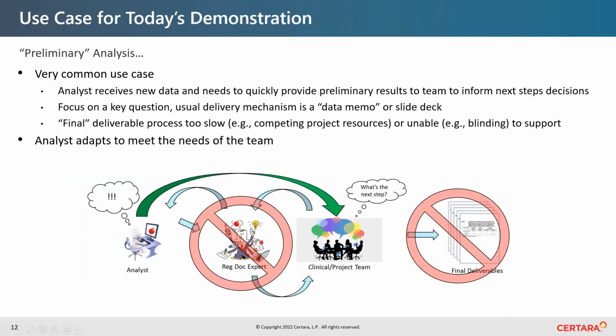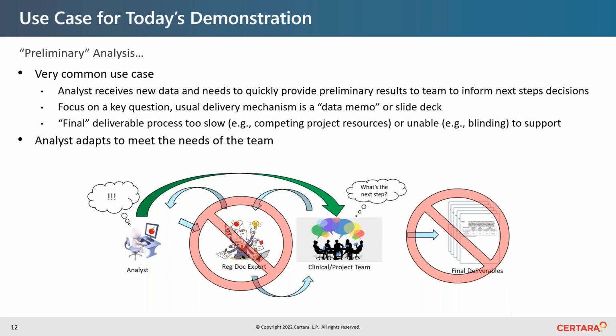Now, the use case for today's demonstration is a bit different. It's not final. What you might want to use this for is preliminary analysis. It's a very common use case. An analyst receives new data and needs to quickly provide preliminary results to a team to inform next steps type decisions. Maybe it's a focus on a key question. Is our new formulation bioequivalent? Is there a drug interaction? How big is it? The data comes in, we need the answer now, and this happens quite commonly. And very often the final deliverable process, again, that previous slide workflow, might be too slow.